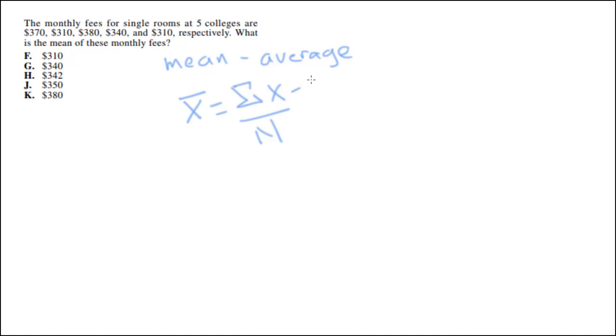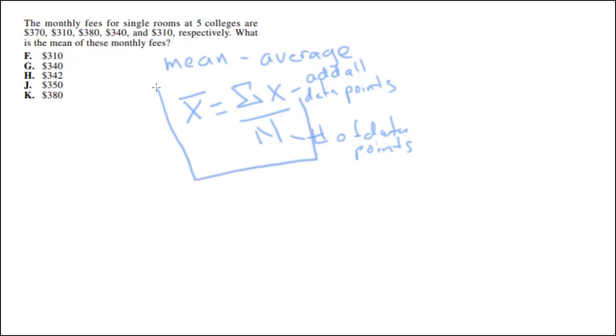So we'll put add all data points. And then N is even simpler. It's simply just the number of data points. And that's it. You're really going to want to memorize this equation.